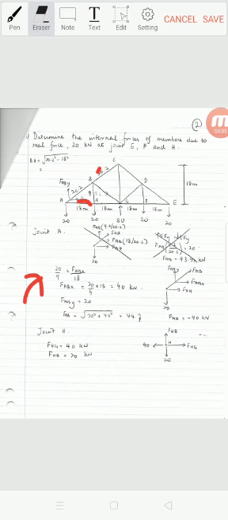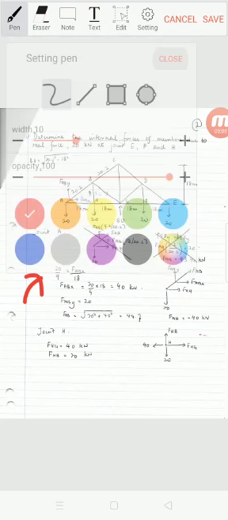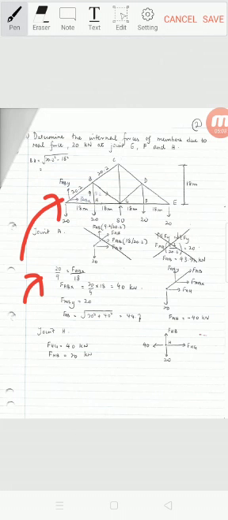Let me erase this first. Okay, we start with joint A. At joint A, we have 20 kilonewton acting downward, and we have the distance 20.2 from point A to point B. So here we can see that the only reaction in Y is FABY.